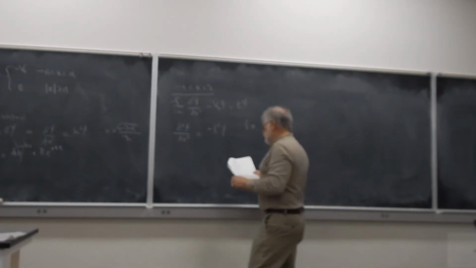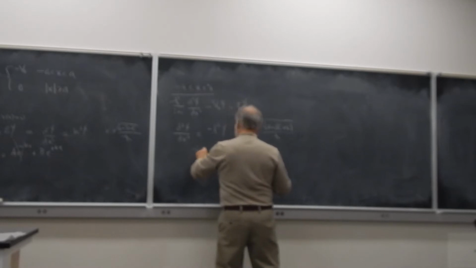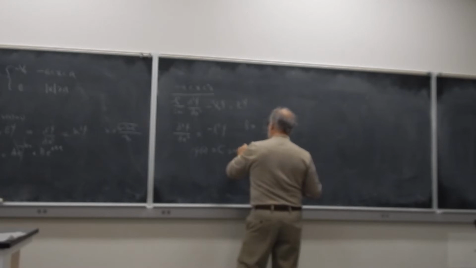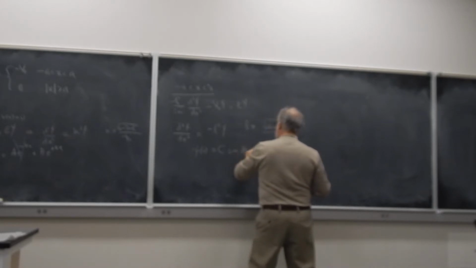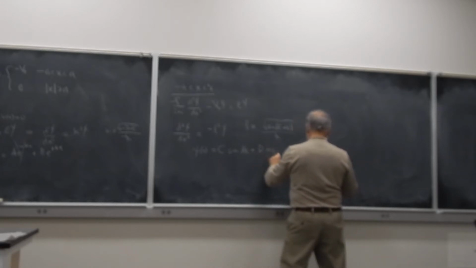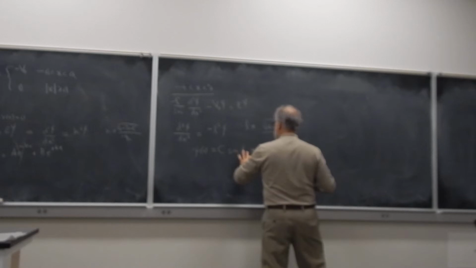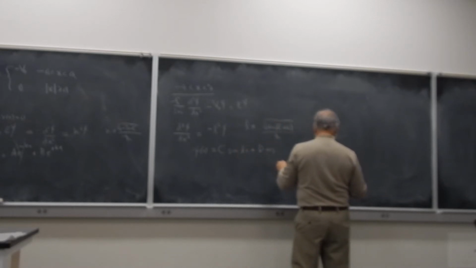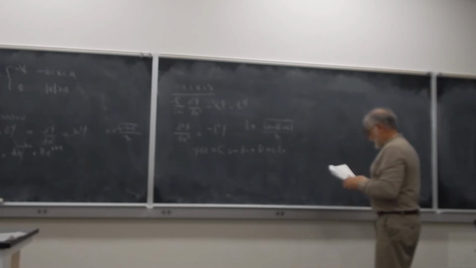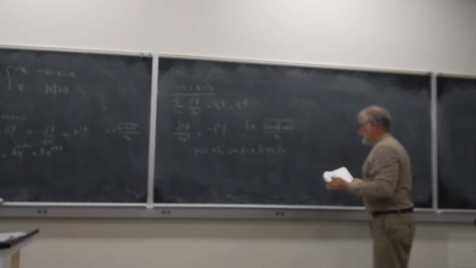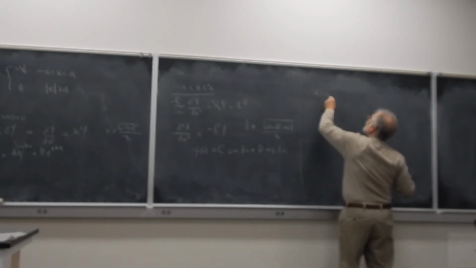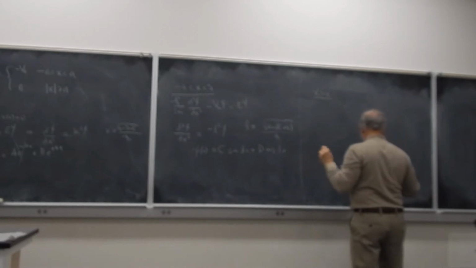For my general solution, I'm going to write psi of x as C times the sine of l times x, plus D times the cosine of l times x. Then finally, for x greater than a, again, it looks like a free particle.